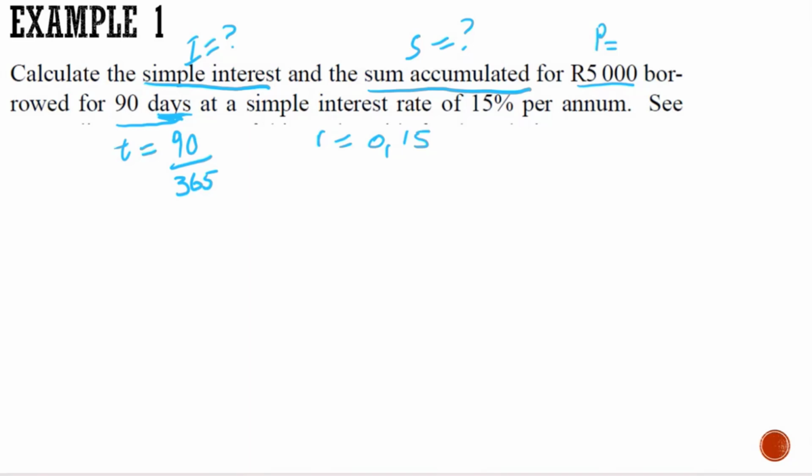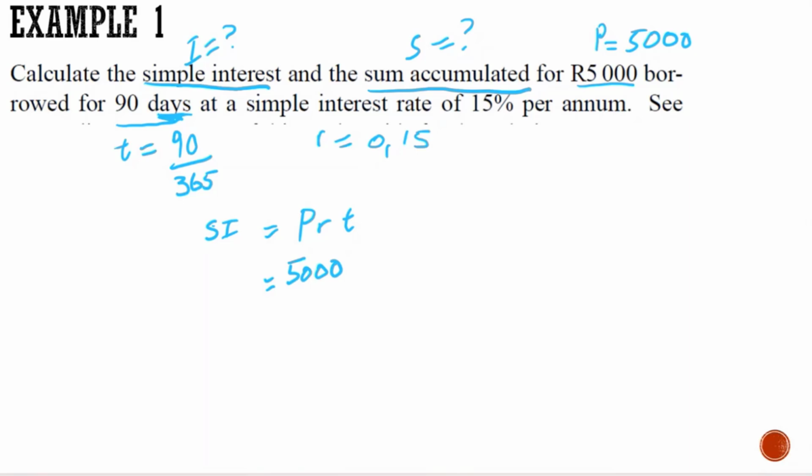Okay, so our simple interest, which is going to be the interest that you are going to get, remember, it is P R T. Okay, so we do have our P, it is 5,000.